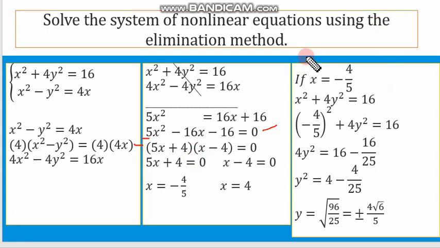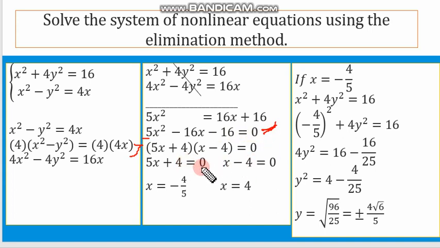There are lots of numbers and combinations you can try to get the factors. Anyway, the factors are 5x plus 4 and x minus 4 equals 0. But you can also use the quadratic formula or completing the square to get the value of x if you don't want to use trial and error.